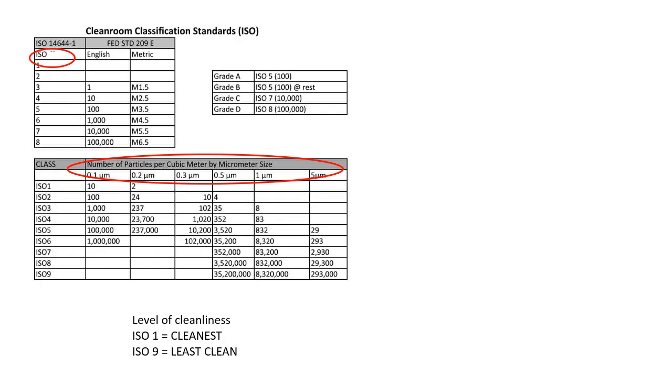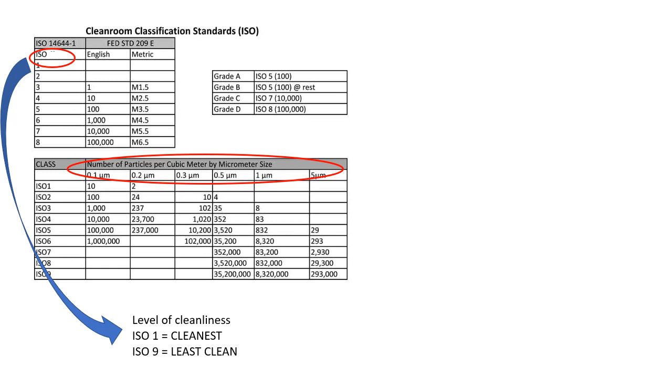Okay, so now about the classification system of a clean room. There is an ISO system of clean room classification, and then there is the FS system of clean room classification. Now let's see the ISO system. It is the classification depending on the level of cleanliness.